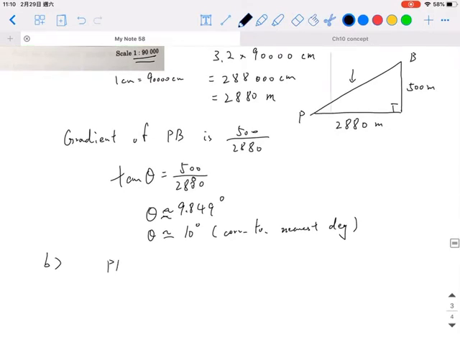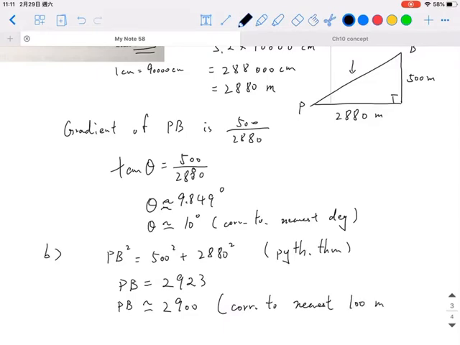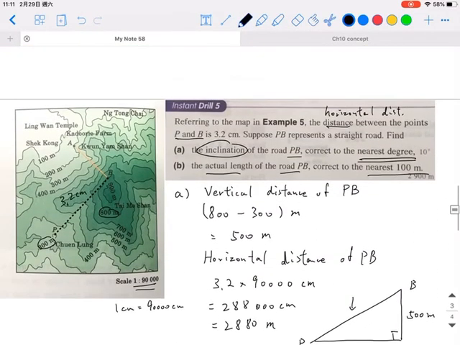PB squared is equal to 500 squared plus 2,880 squared. After the calculation, PB is equal to 2,923, which is approximately 2,900, correct to the nearest 100 meters. That's the end of Instance 5.